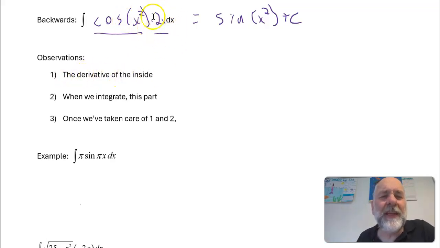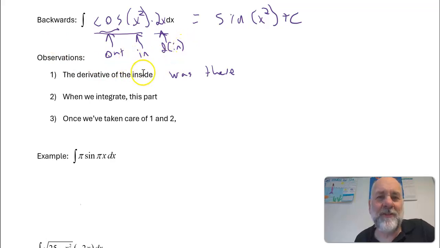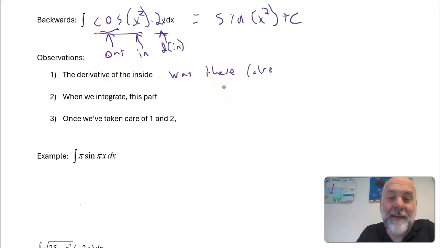The derivative of the inside was there in the beginning of the problem. I've got an inside, I've got an outside, and then here I've got the derivative of the inside. That's not great notation, but just to give you the idea of what these pieces are. So the derivative of the inside was already sitting in the integral.